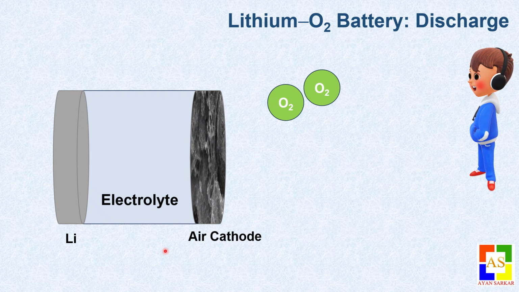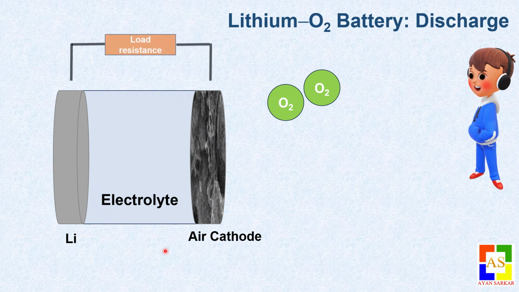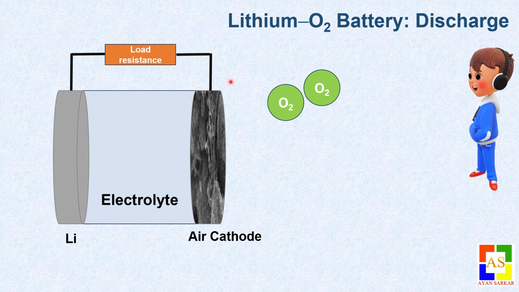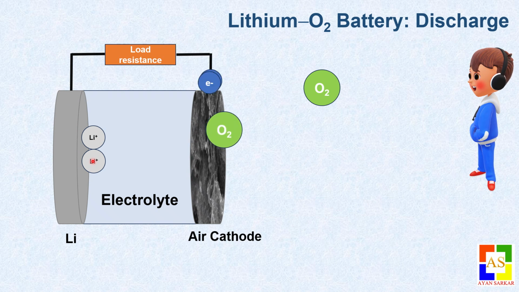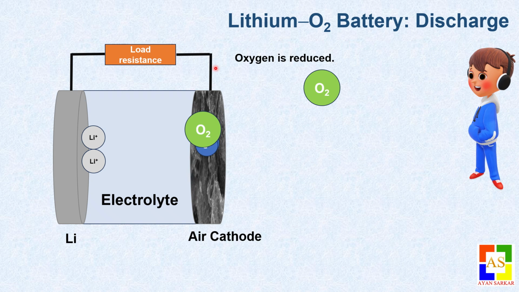So what happens during discharge? We have connected a load resistance here, and oxygen will come to the cathode. Meanwhile, in the lithium anode, we have lithium ions. So lithium gets oxidized, and the electrons move through the external circuitry and reach the cathode, where oxygen gets reduced.